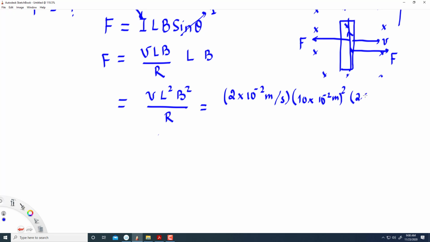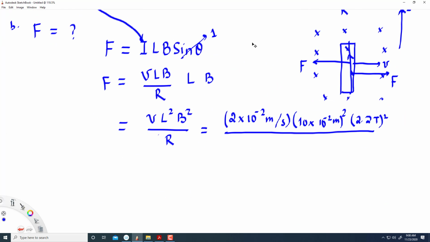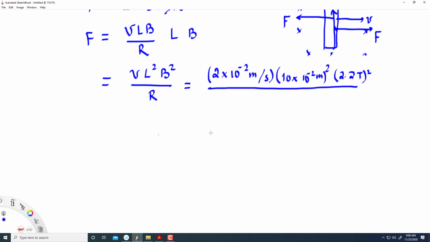B is 2.2 Tesla, squared. And the resistance, what was the resistance? 1.2 ohms. So let's do the calculation and see what you get.